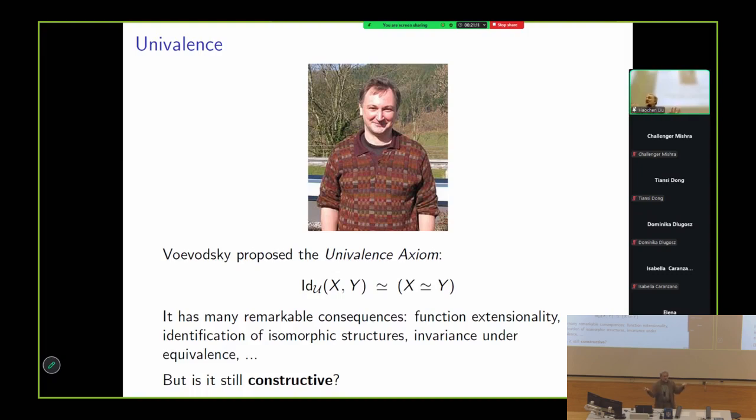You want to treat them as the same. And what Voevodsky's univalence axiom tells you is you can identify isomorphic objects, isomorphic structures. Isomorphic groups don't need to be distinguished as groups. They can be identified. And by that I mean you can put this axiom into the system of type theory and it will be formally consistent.